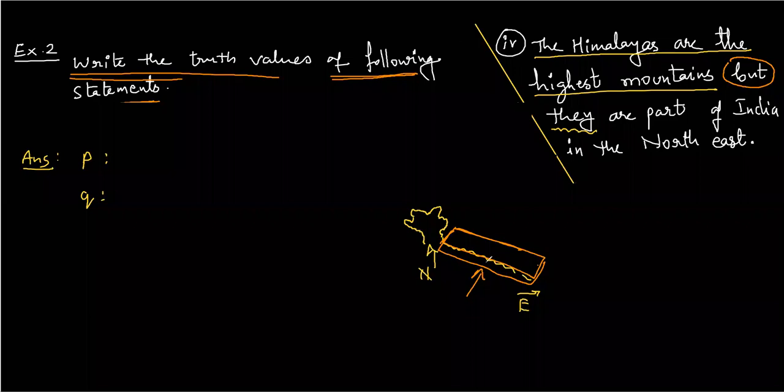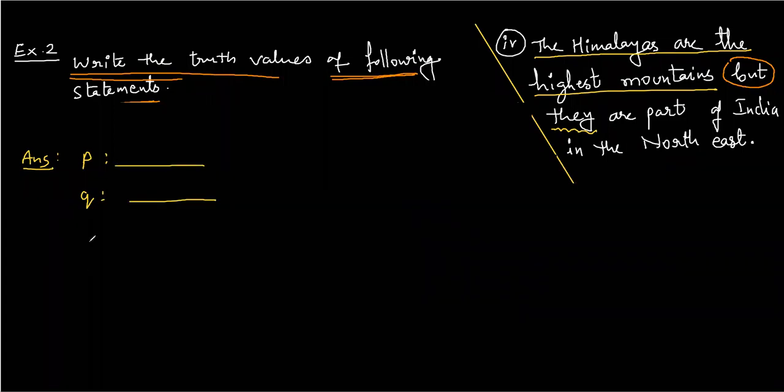And it is true that the mountain Himalaya is towards northeast. So remember, both the atomic statements here are true. So here I will write first P, then I will write Q, and then I will say P is true, Q is true.